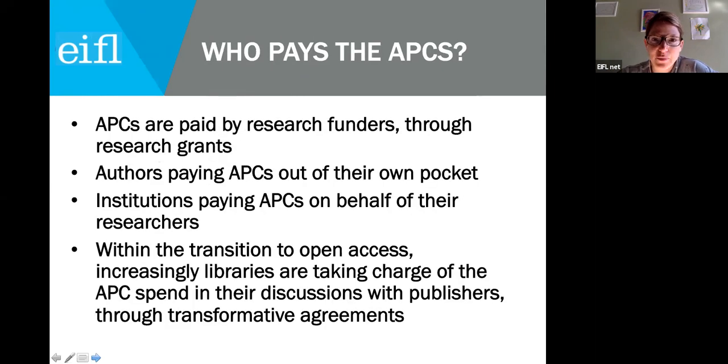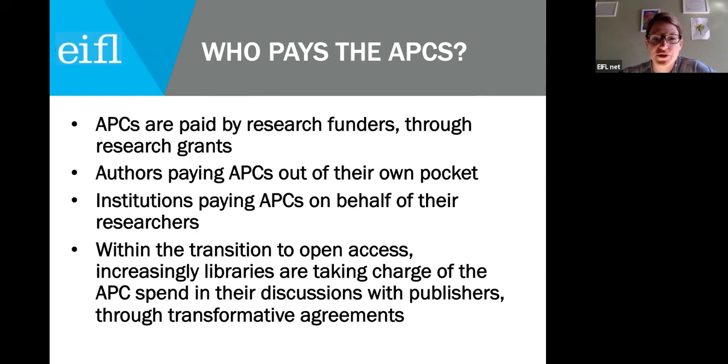Who pays the article processing charges? This is a question that in discussions I've had with countries comes up quite a lot. The APCs are usually paid by research funders, through research grants that different researchers get. Sometimes authors pay them out of their own pocket. It can also be that institutions pay APCs on behalf of their researchers.